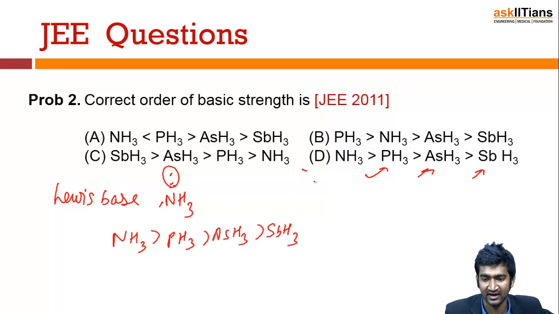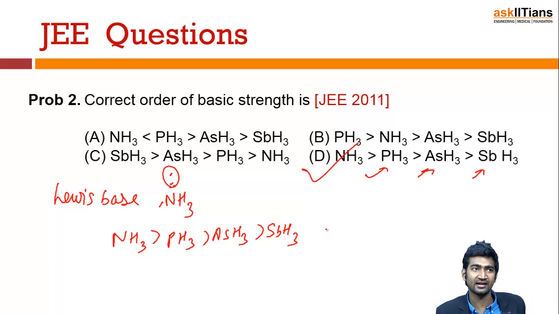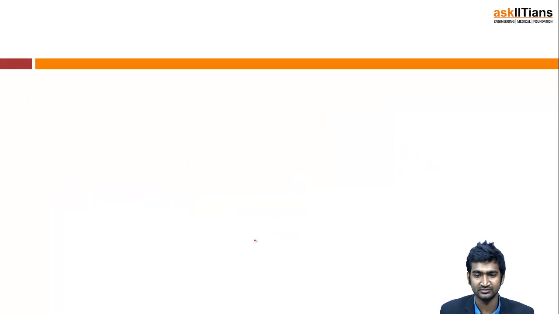This should be the correct order, guys. So D will be the correct answer for this. This question has come in JEE 2011. So questions in the form of basicity, acidity, right? They may all appear. So you should be ready with all your concepts, very well developed. Next, we move on to the third question.